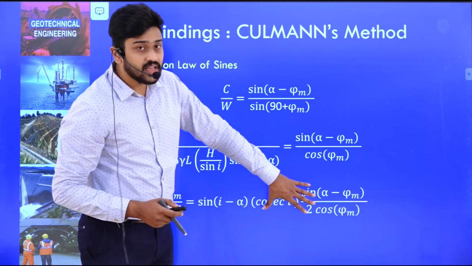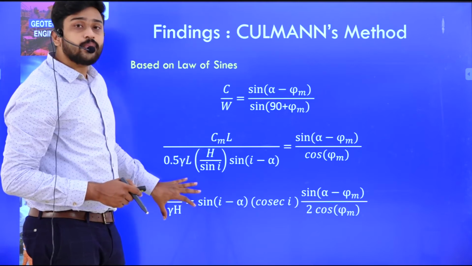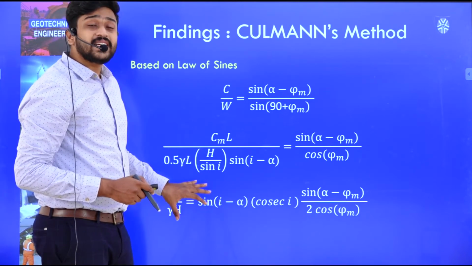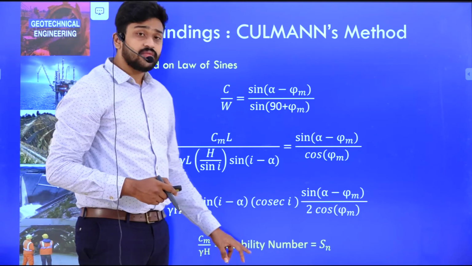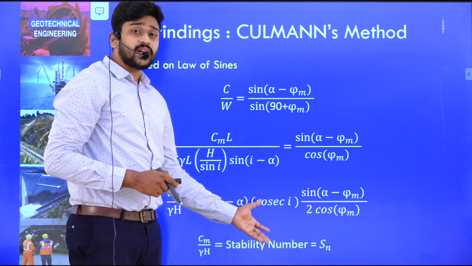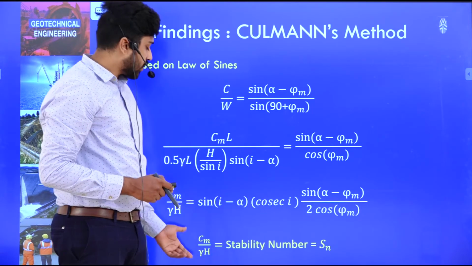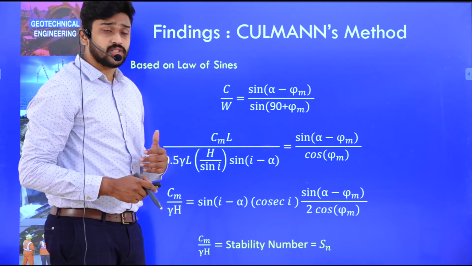Taylor stated that this entity Cm by gamma H is nothing but a stability number, which is denoted by Sn. So Sn is the stability number, which is given by Cm by gamma into H.